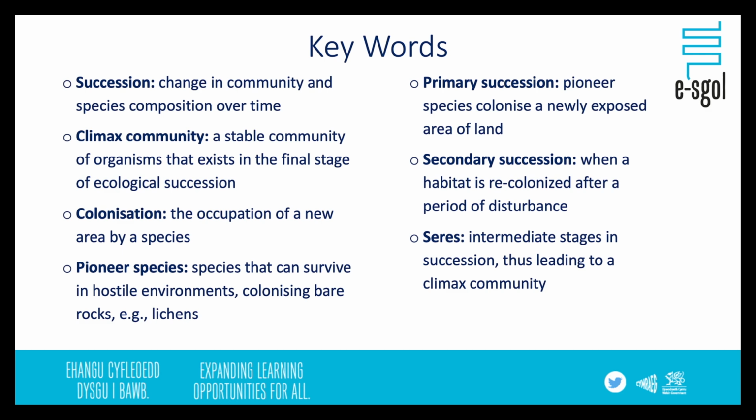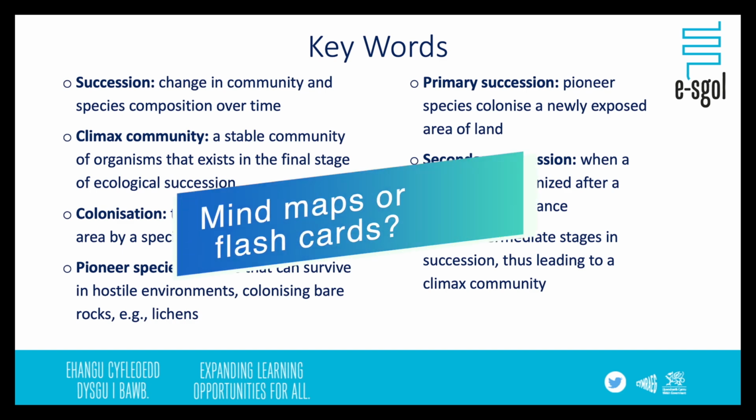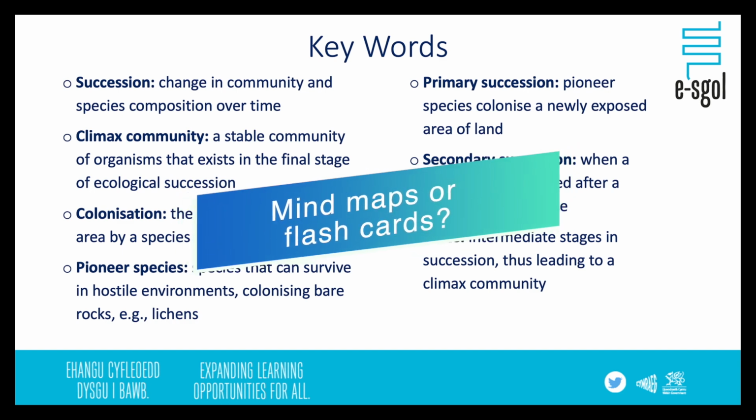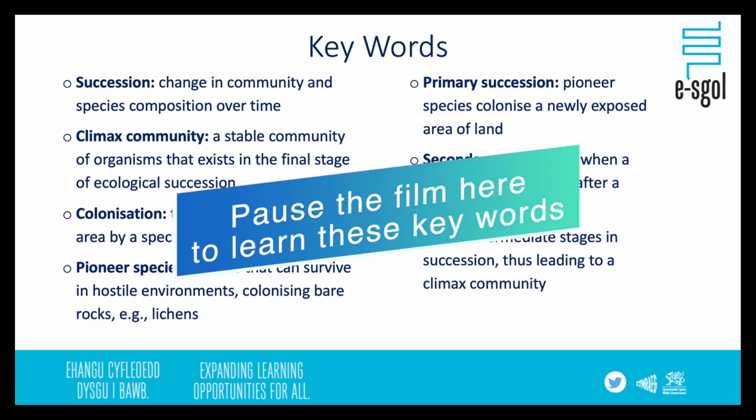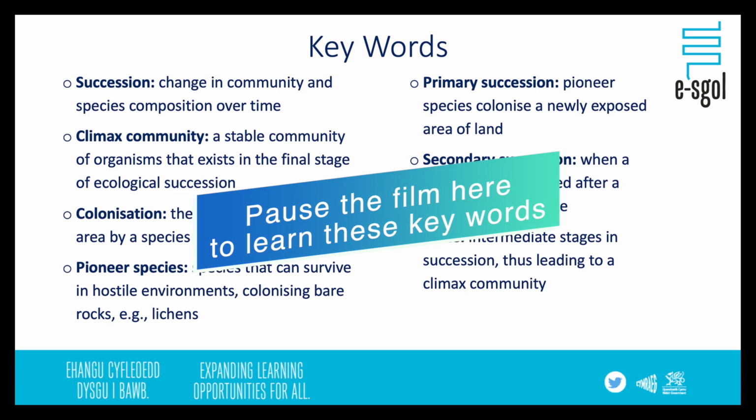We are going to look at these definitions in more detail in this film. Think of strategies you can use to help you to remember these definitions. For example, you could use mind maps or flashcards. Pause the film here to learn these key words.